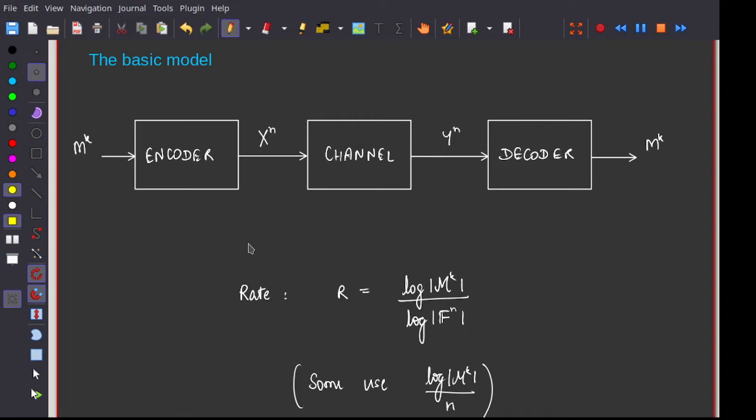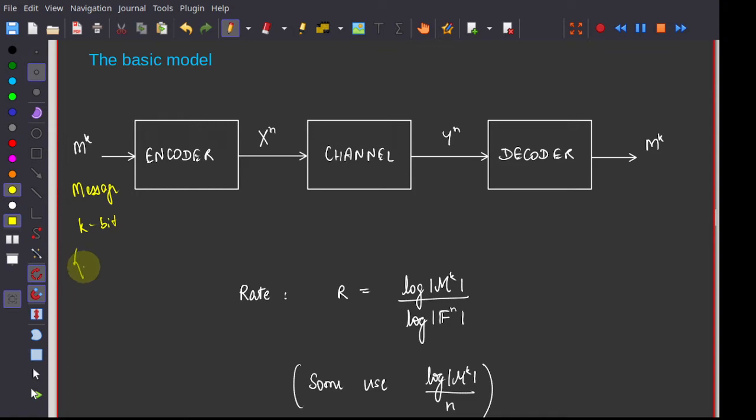So here's the basic model that we will use for the rest of this course. We have something that we call a message. Okay, it's typically going to be a k-bit sequence. Sometimes I'll say that this is going to be k bits, or sometimes in principle the alphabet from which the messages come is not terribly important, because for us there are going to be one of a certain number of messages.